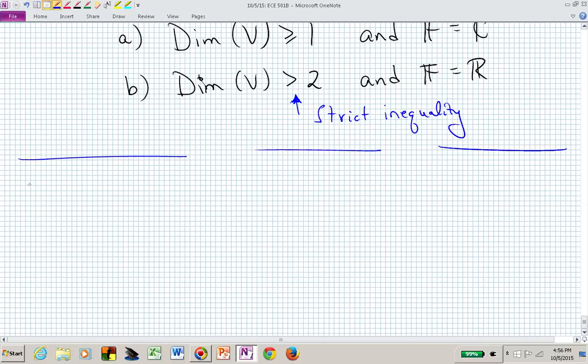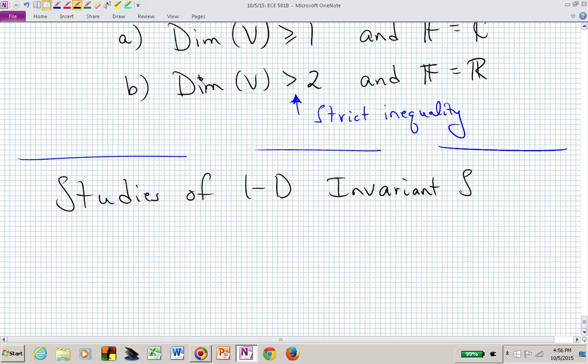Let's look at, or talk about now, studies of 1D invariant subspaces.